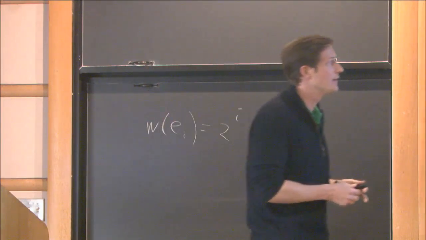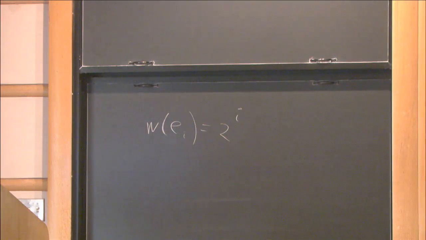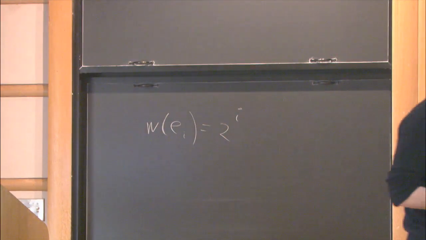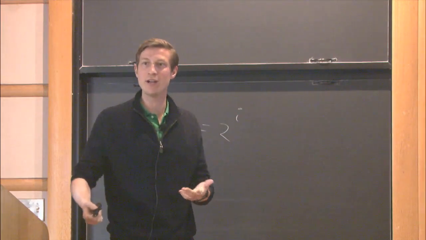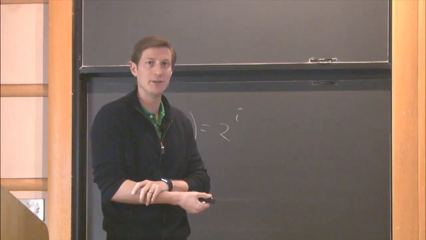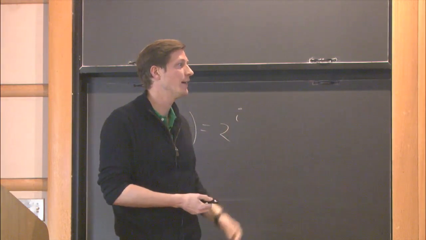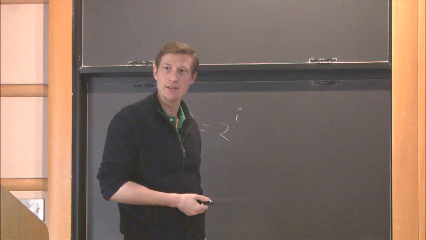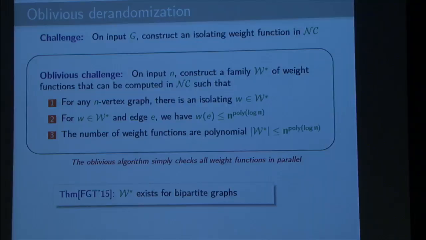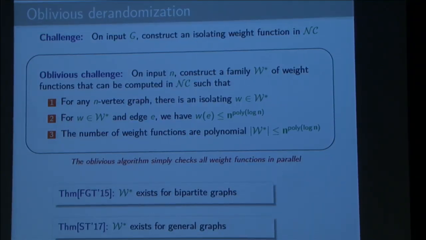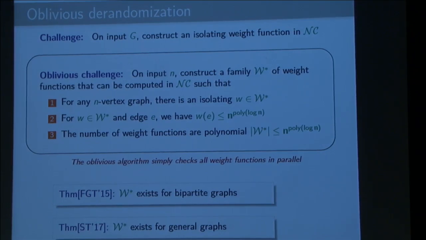So now to get quasi-NC instead of NC, what we do is to replace poly here by quasi-polynomial. Okay. Both in terms of the ranges and the size of the family. And that's what they prove. So this family exists for bipartite graphs, and we prove that such a family exists for general graphs. This means easily constructed?